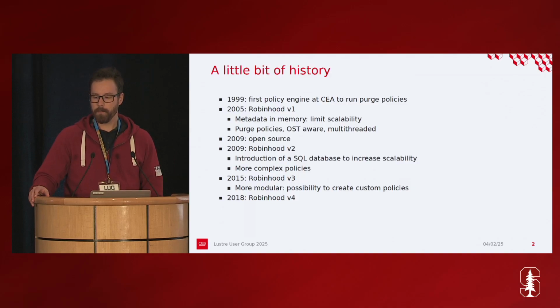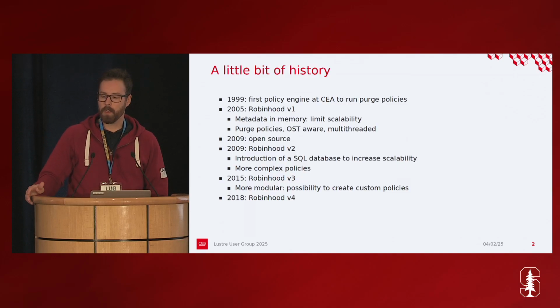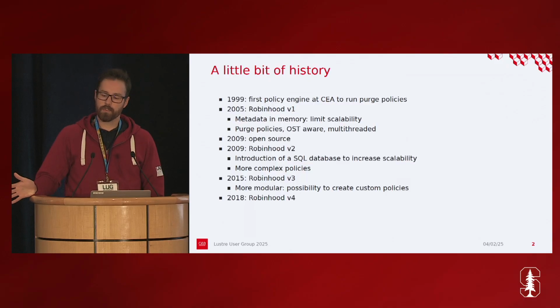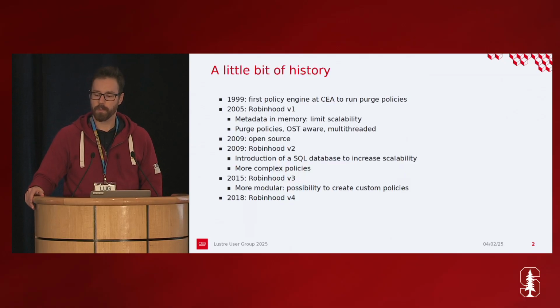still in memory. And then with Robinhood 2 came the first implementation of an external copy of the metadata in a database. And it also supported a few more types of policies. But those policies were still hard-coded. And so with Robinhood 3, so Robinhood 3 is the version that most people are familiar with.